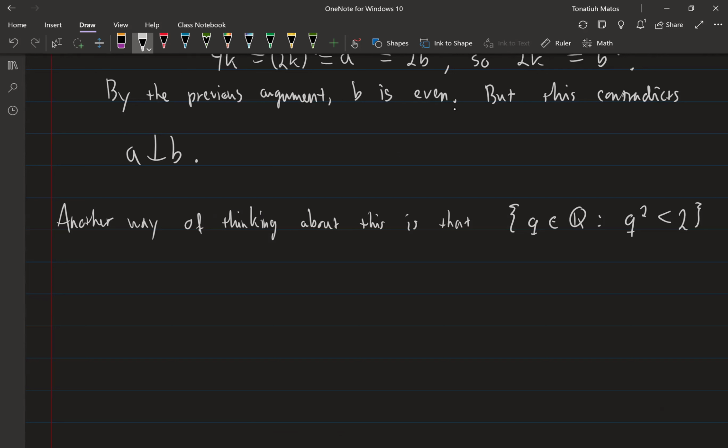Because you can obviously find square numbers that are bigger than 2. 2 times 2 is already 4, which is bigger than all of these, right? So this set is non-empty and bounded from above.